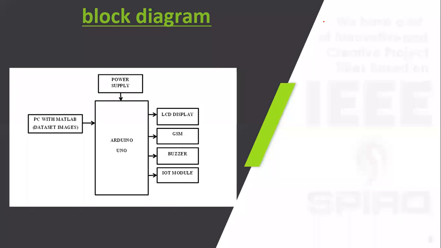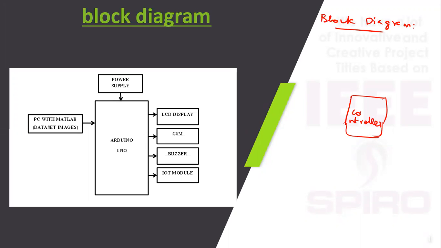So, block diagram. We use a controller. From image processing, the output we get goes to the controller.